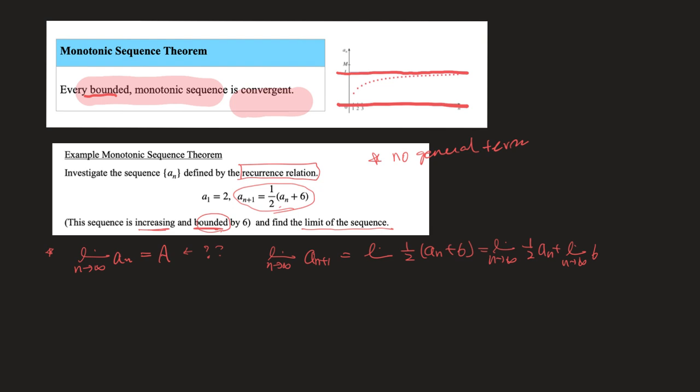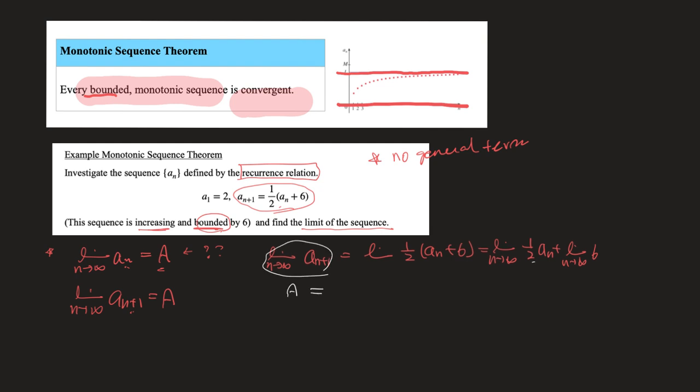Where does a_n go? a_1, a_2, a_3, a_4 keep going, they get close to A. So the limit as n approaches infinity of a_(n+1) is also going to A. The sequence end behavior is A. It doesn't matter whether it is n or n+1, this one is going to A, okay?